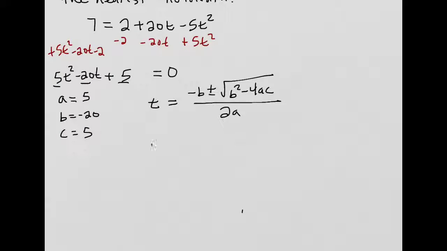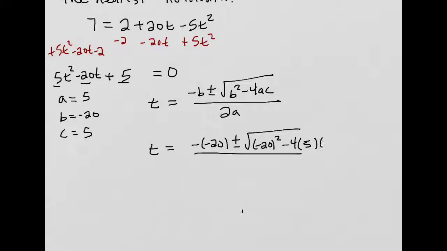So if we plug in our values, we'll have t equals opposite of negative 20 plus or minus the square root of negative 20 squared minus 4 times a times c all over 2 times a.